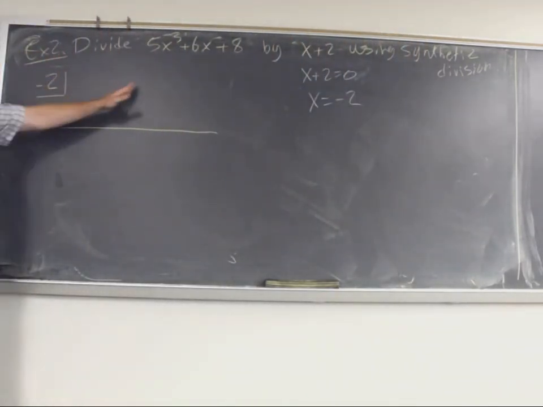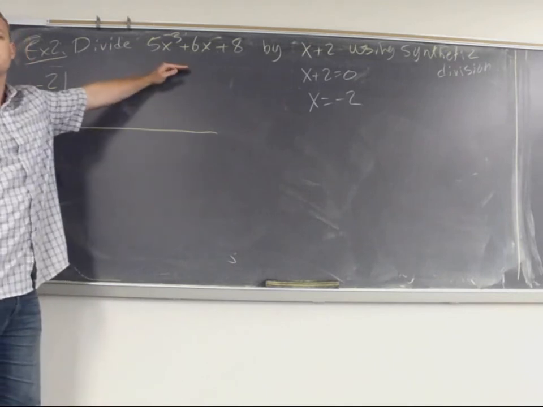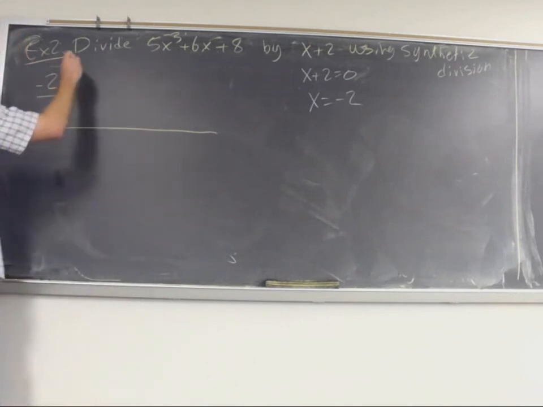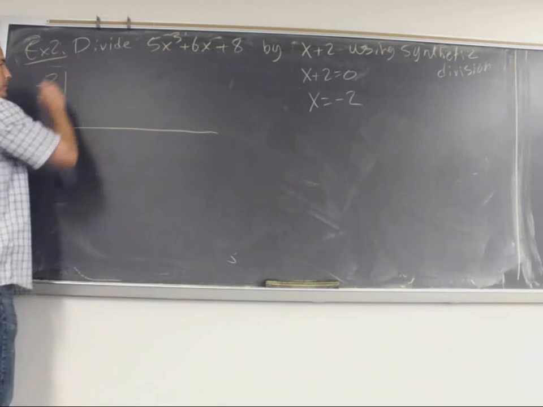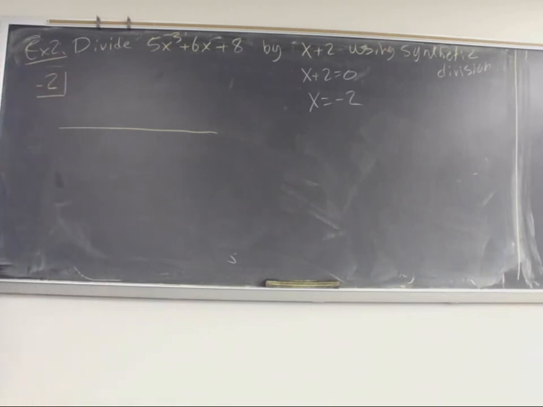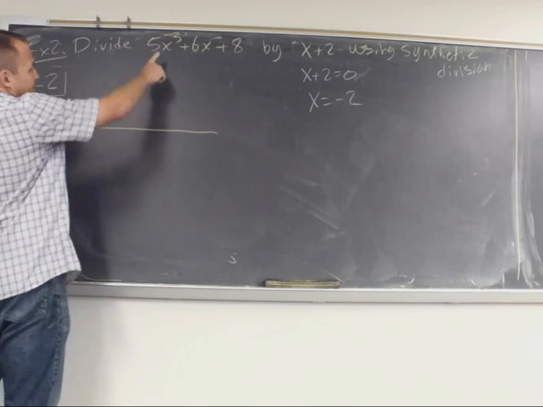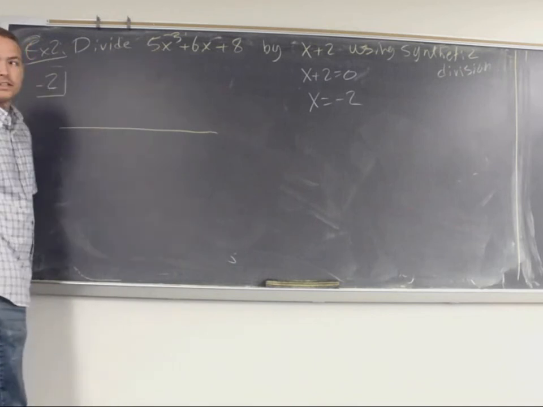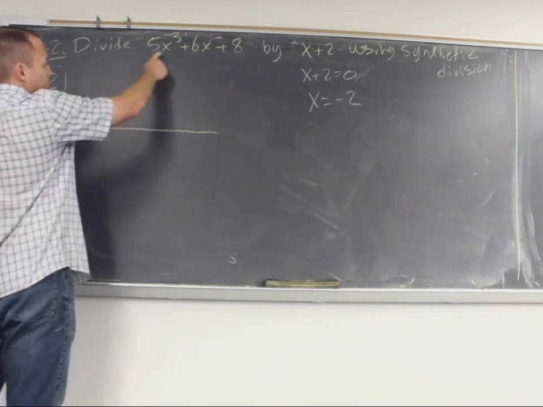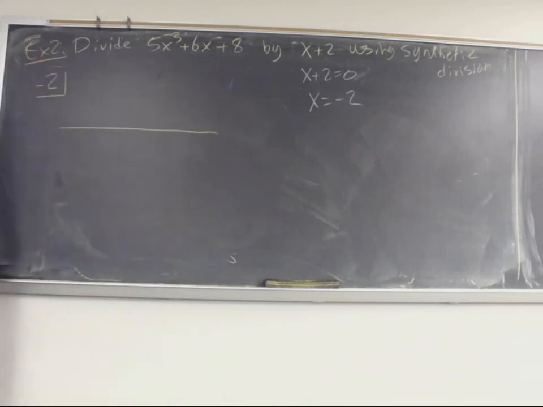Now we have to populate all these numbers, which are coefficients of this thing. So what I have to be careful with here, I can't just go blindly and start throwing all these numbers in and then working through the process, because there's a little bit of a trick in this one. Notice that you don't have an x squared. There's only an x cubed and an x and then a constant. So when you have something missing like this, you have to make sure to account for it. You have to add it back in there.